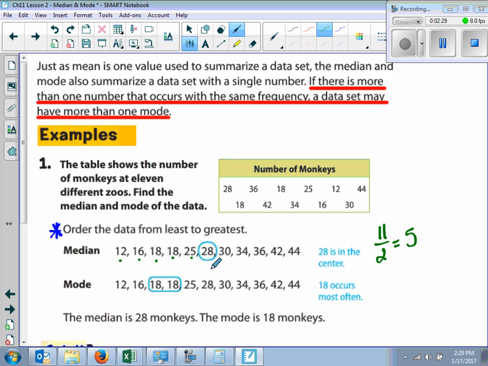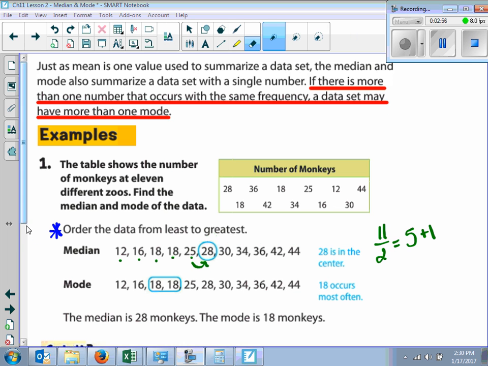So in order to get to that middle number, we want to add 1. So the 6th number is going to be your middle number. Okay? And you can also count from the end of the list. So that's 1, 2, 3, 4, 5, and then one more is 6. And that's your median.